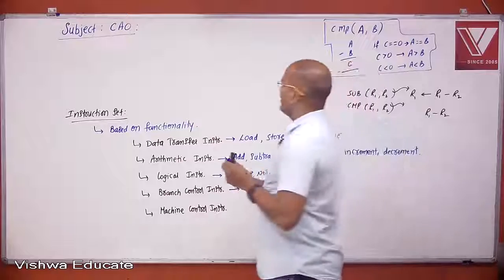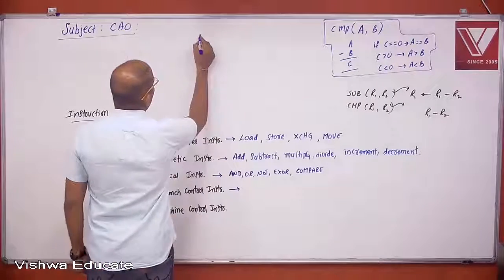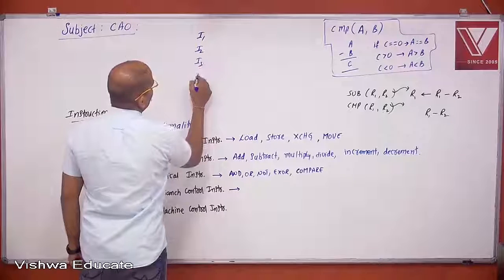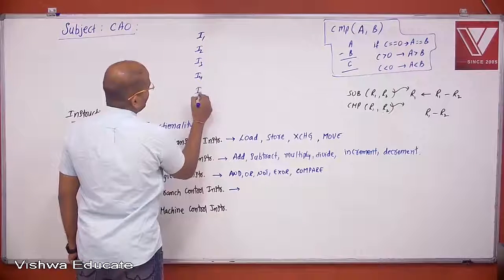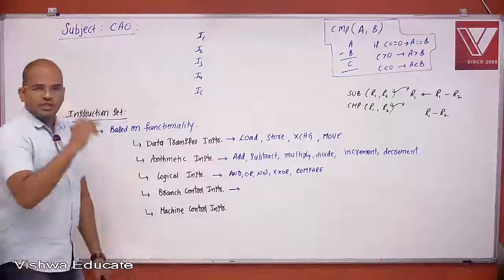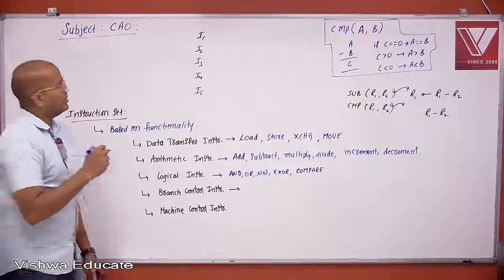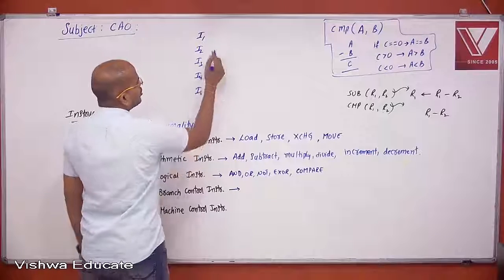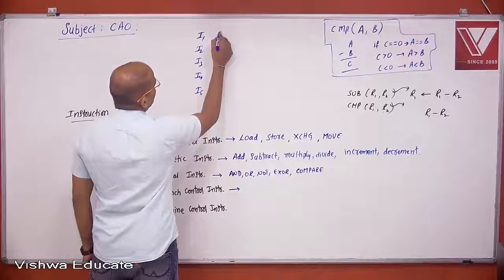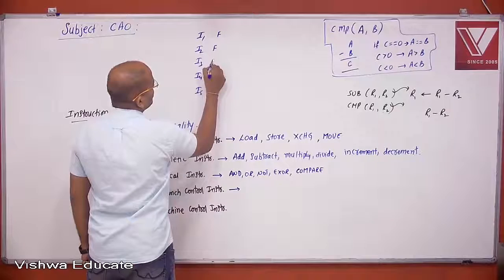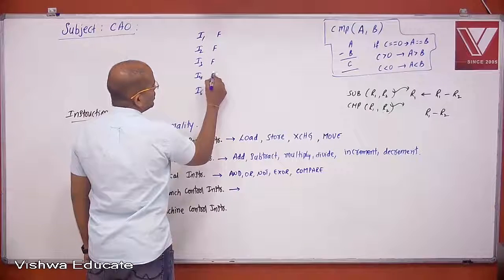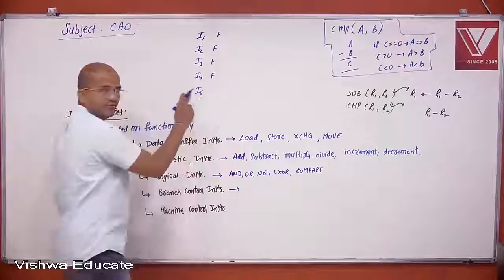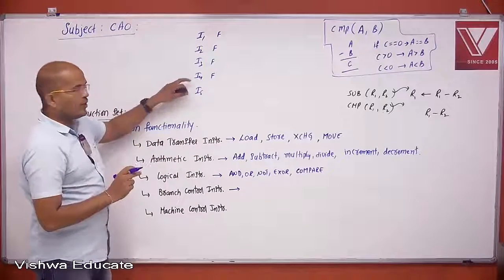Assume that you have I1, I2, I3, I4, I5. The sequence is 1, 2, 3, 4, 5, isn't it? Assume that 1 is finished, 2 is finished, 3 is finished, 4 is finished. Then after 4 you should get 5. After 4 you should come down to 5.